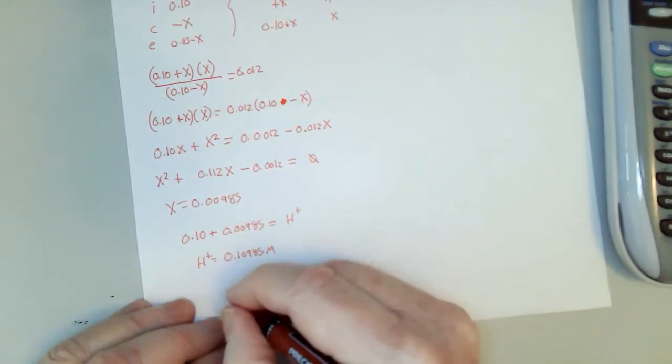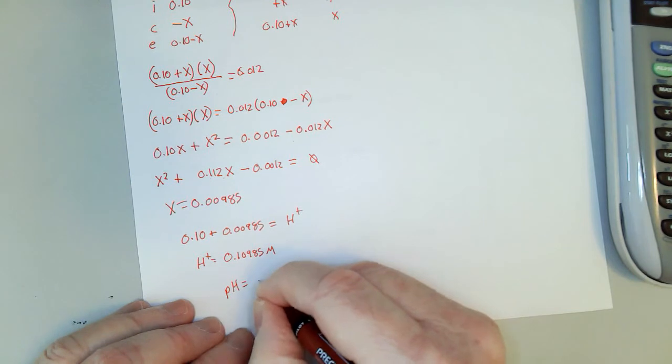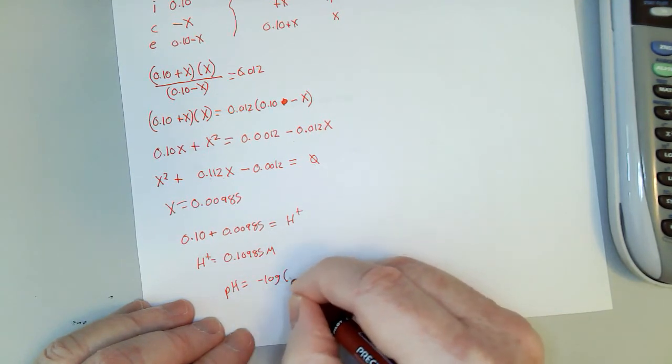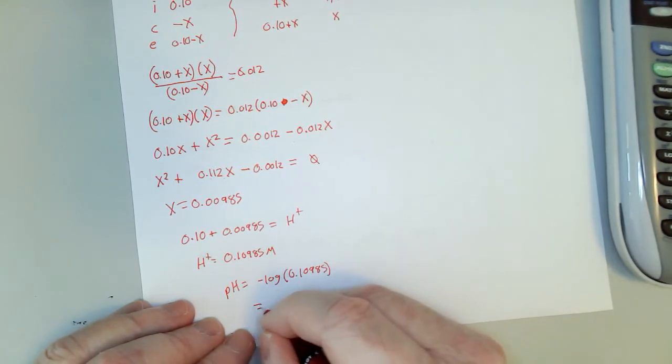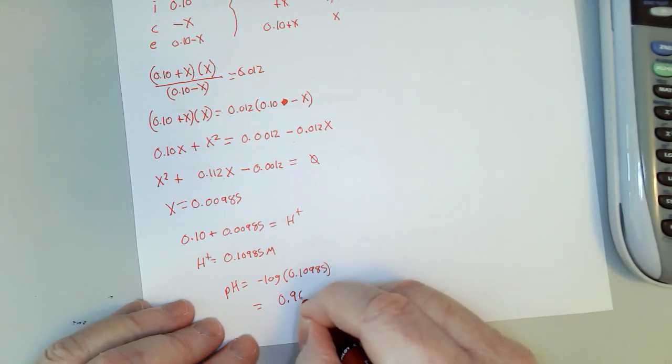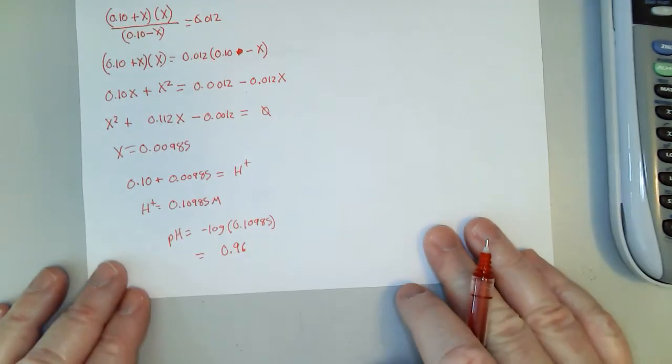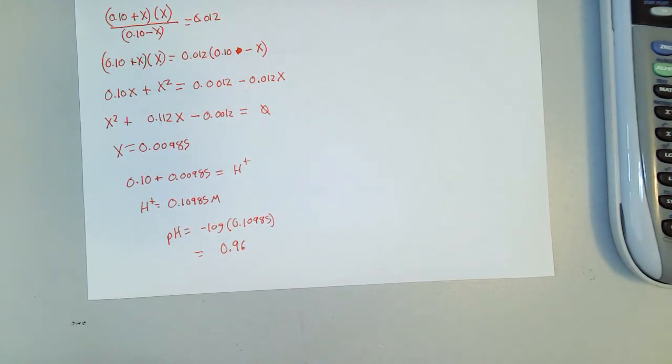More. And the pH equals the negative log of 0.10985, and that equals 0.96. And on a logarithmic scale, that is a substantial difference.